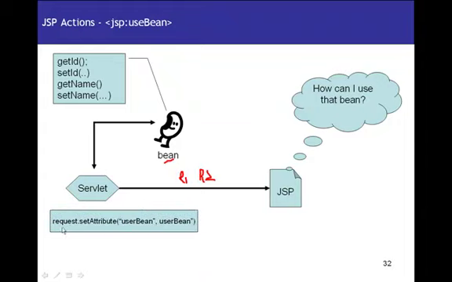So in my servlet I say request.setAttribute userBean and set the value of this userBean, where I set the ID and name from whatever the user had entered on the login screen, right? And on the JSP page, how do I retrieve the value of that userBean? How can I get the value of ID and name? I can use the JSP useBean action to get the values of the userBean object, right?